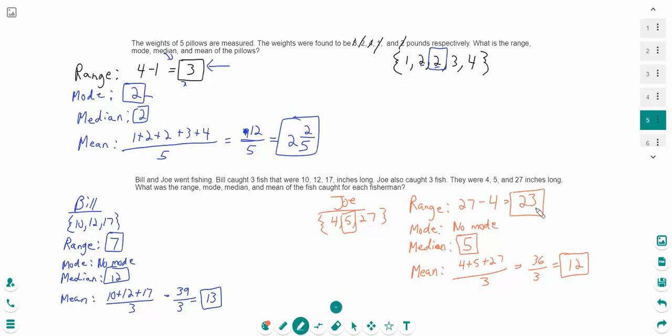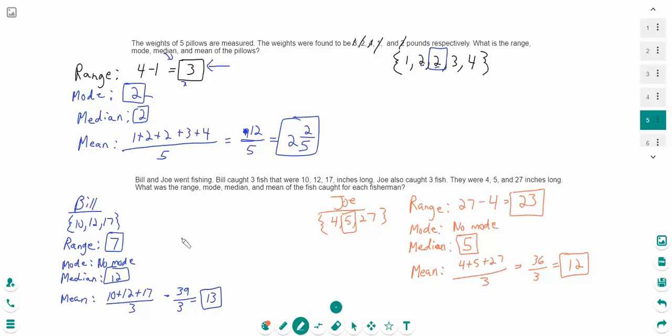It seems like it's really spread out right now. And the reason for that, if you look at his data, is because he caught 2 very small fish and then 1 really big fish. It was the biggest fish of the day for both of them. All right. So he was very inconsistent, extremely small or extremely big. And because of that, he has a very large range.